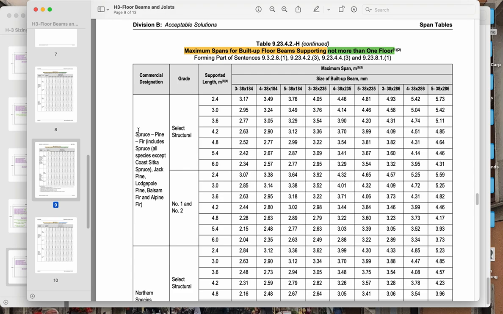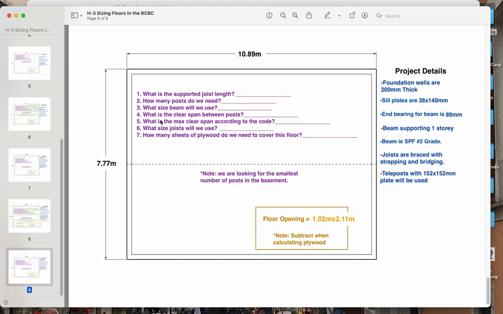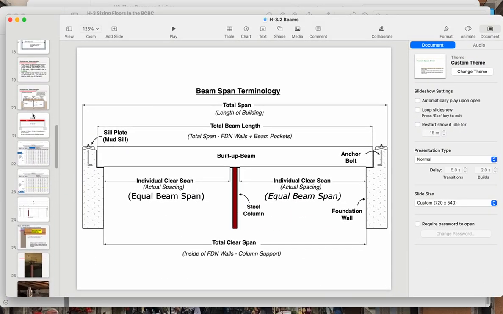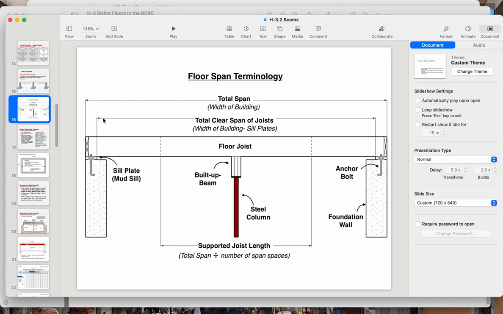All right. Now, what size joists will we use? So if we're looking at our joists, so our floor joists span from the inside of our mud sill to the inside of our mud sill, okay? And if we want to be really specific, we can also subtract our beam off of that to figure out.